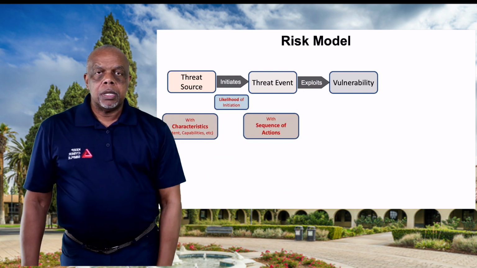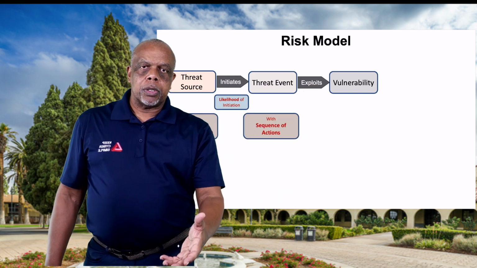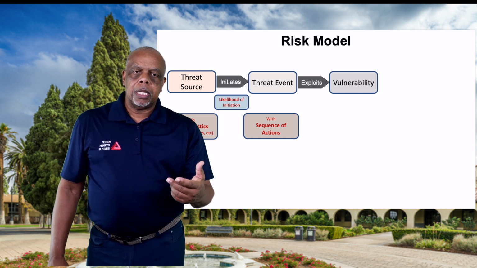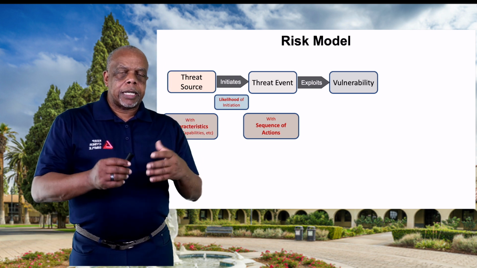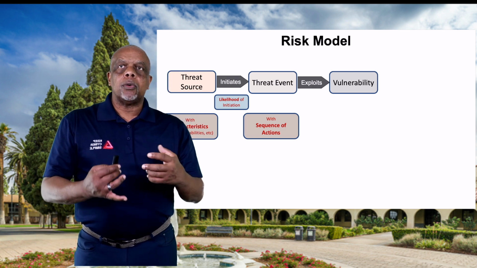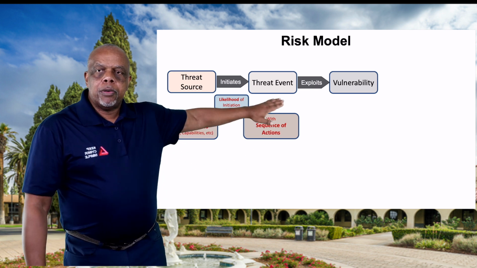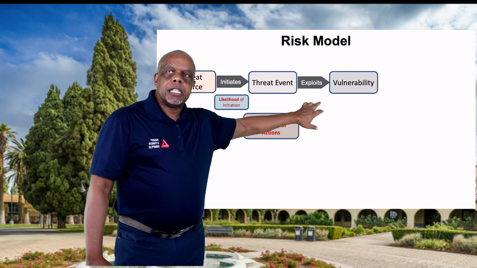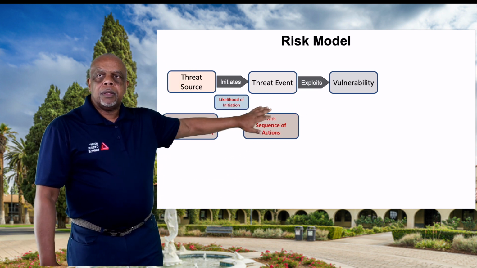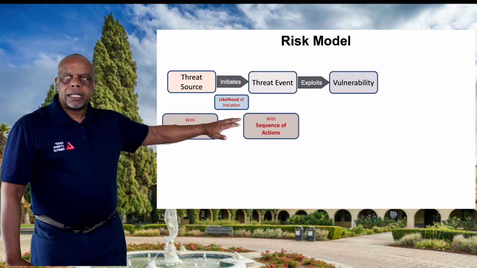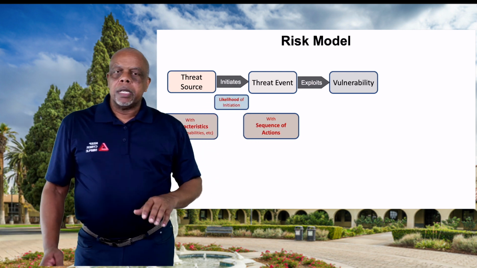The vulnerability is weak passwords, poor password hygiene. You don't have your privileged user accounts locked the way they should be and monitored. Now you have vulnerabilities that are going to be exploited by this threat event with a sequence of actions, because there's a high likelihood.